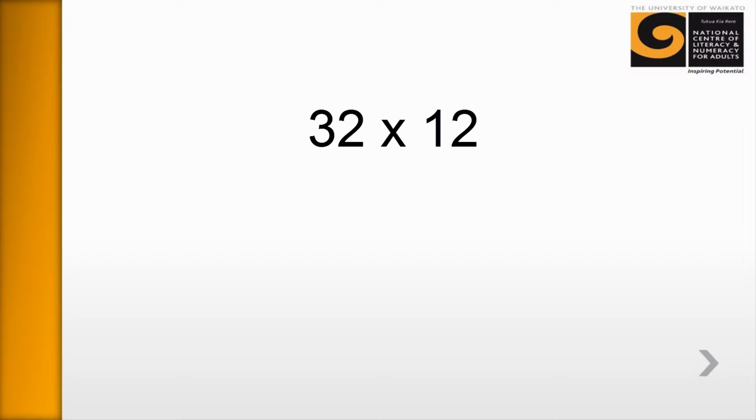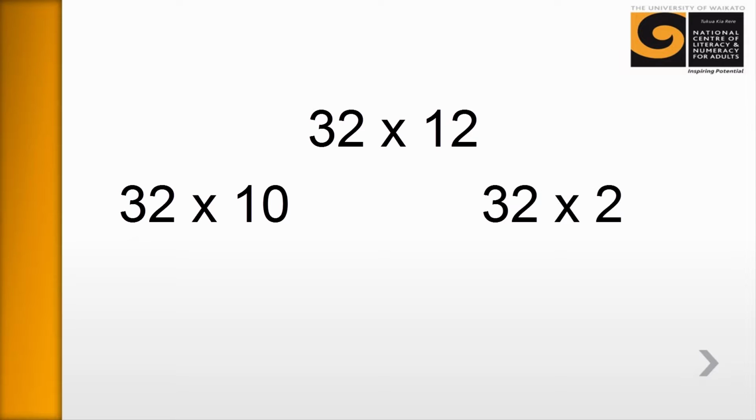For example, you might have broken the 32 into 30 and 2, or you might have broken the 12 into 10 and 2. Being able to do this provides you with multiple strategies with which to solve the problem. 32 times 10 is reasonably easy to calculate.